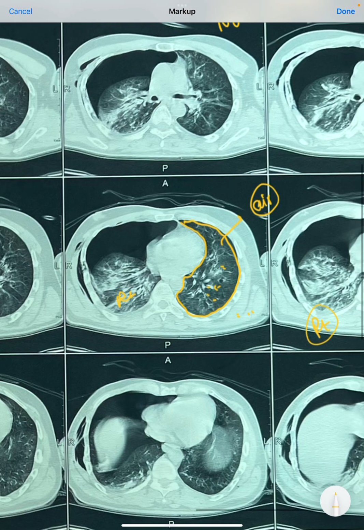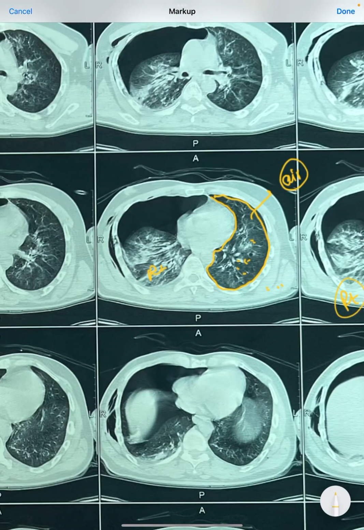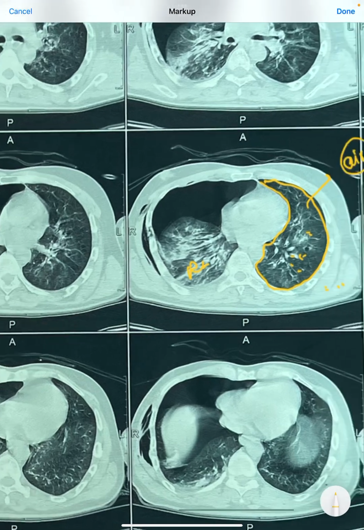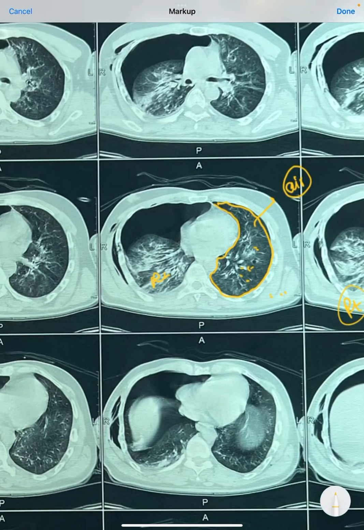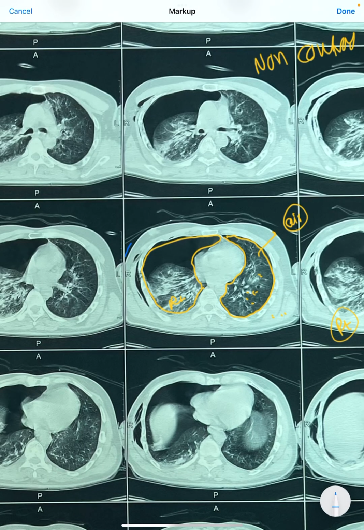Ideally, the bilateral lungs should be almost the same size, but in here what we can see is, this is the left side, and on the right side we cannot see the lung margin here. What we can see on the right side is all very dense black.